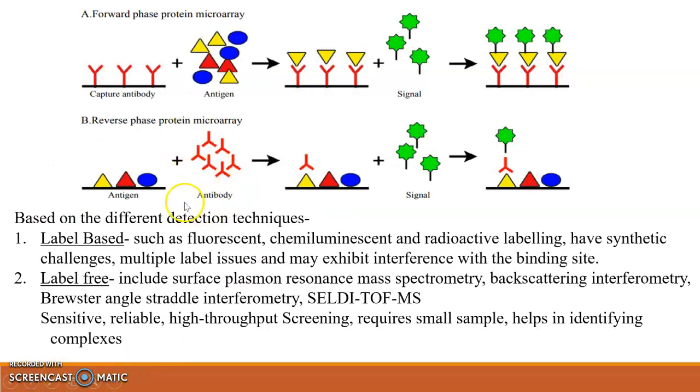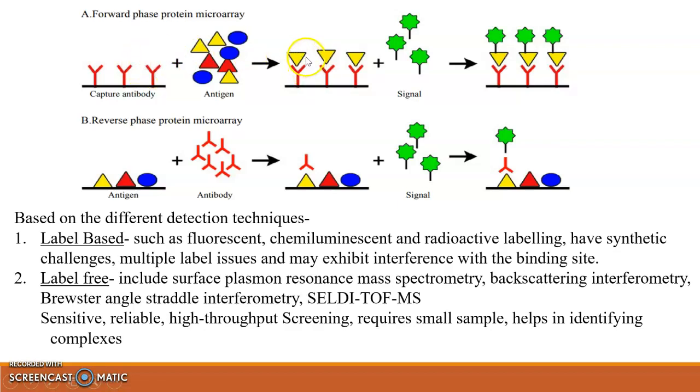This is the pictorial representation. In the forward phase microarray, antibodies are attached to the microarray plate, and our sample antigen gets bound to the antigen binding site present on the antibody.